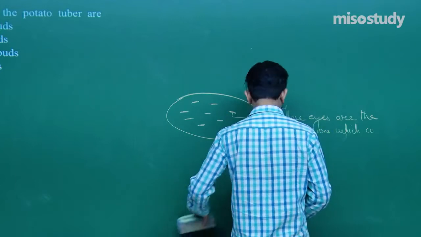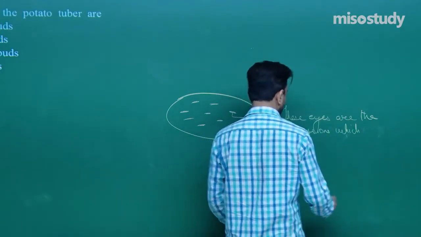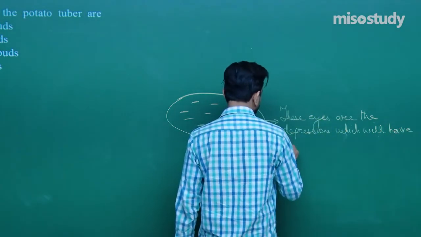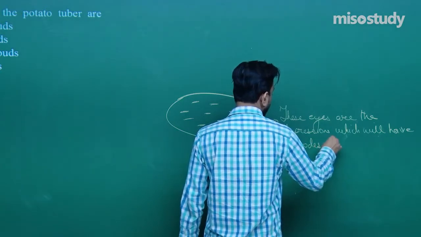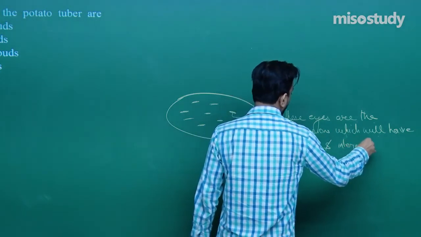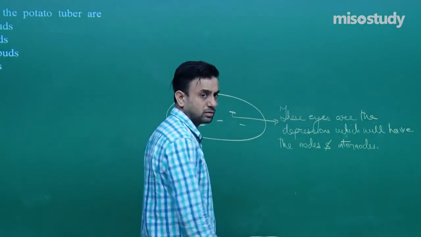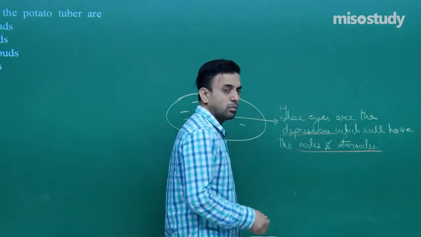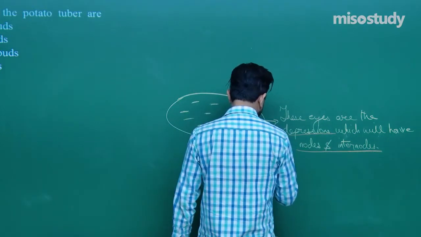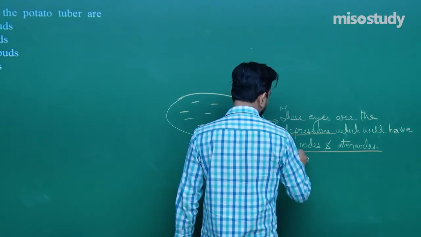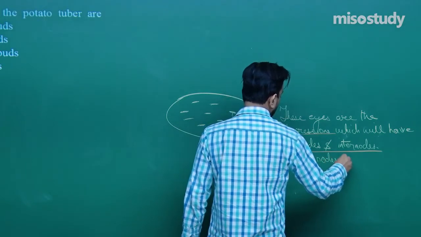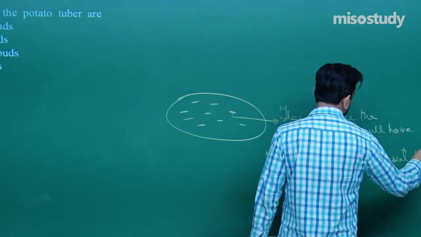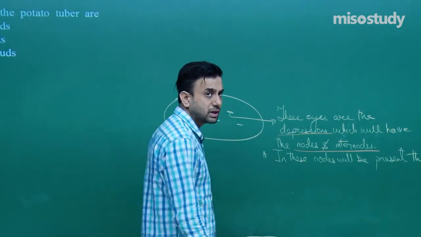These eyes are depressions which will have the nodes and internodes, and in these nodes will be present the axillary buds.